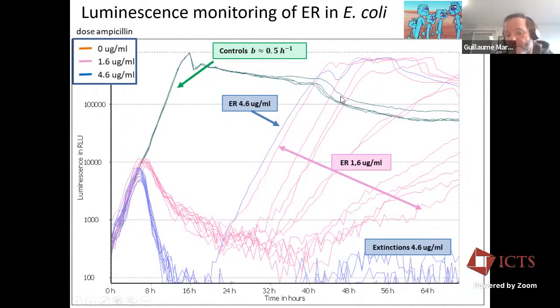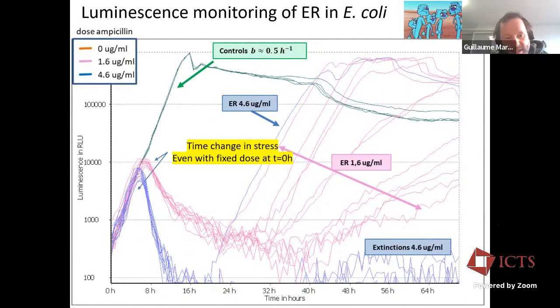Second, there is a distribution of rescue mutations. You can't see it with this one because there's just one, but with these, you can see different growth rates here. But another thing that is not in the rescue models most of the time is this: even when you impose, in a test tube, in a microplate here, a fixed environment, not a huge population, and you impose a given concentration of your drug, the environment is not a fixed environmental shift.